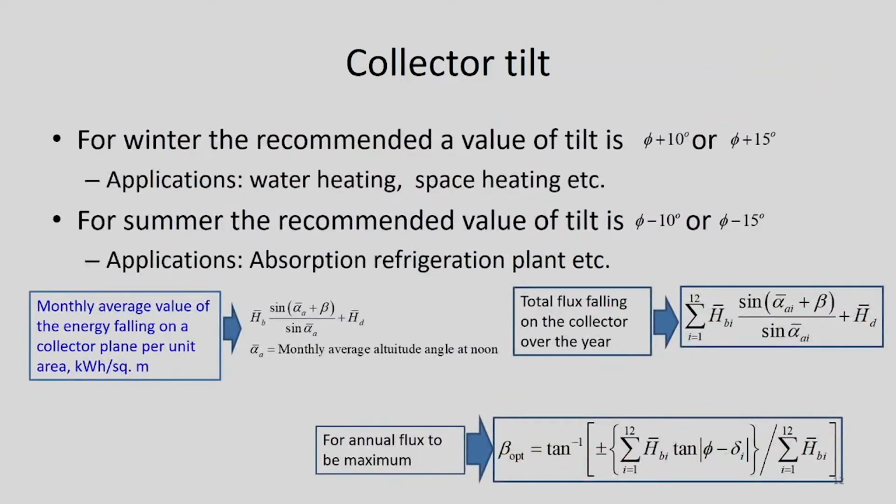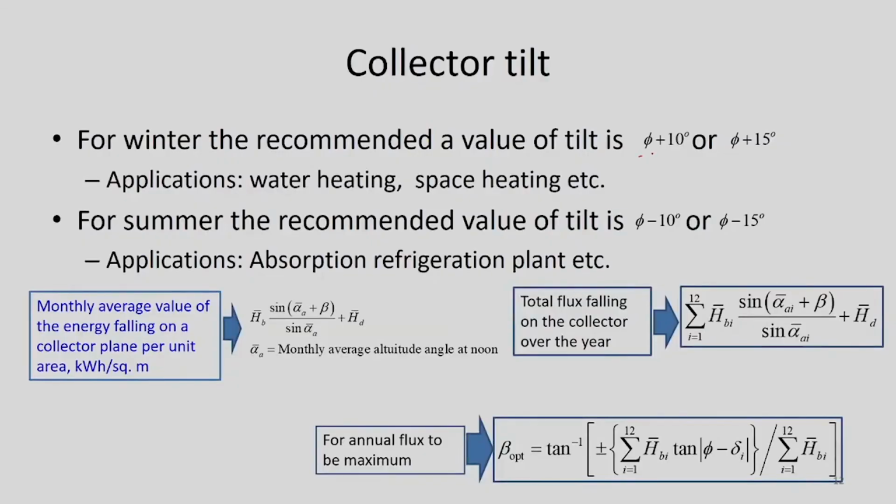For winter, the recommended value of tilt is phi plus 10 or phi plus 15. Phi is known, and if we add 10, that we can consider for winter months. What are the applications in the winter months? Water heating and space heating. These are the applications in the winter months if we use a solar collector.